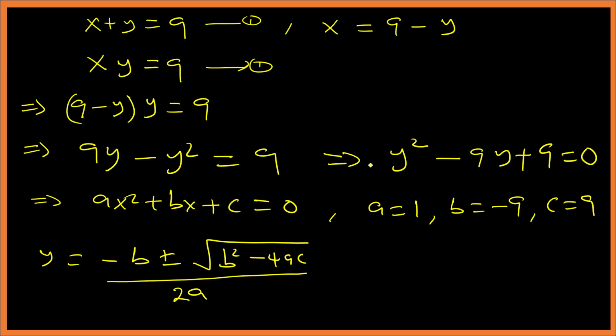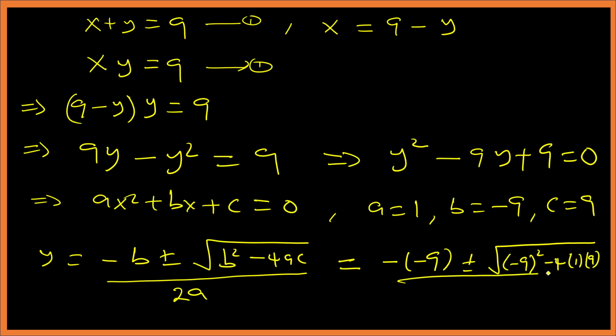All right, so let's do substitution here. We have minus b, so we have minus minus 9, plus or minus the square root of minus 9 squared minus 4 times a, which is 1, then c is 9, all over 2 times 1.